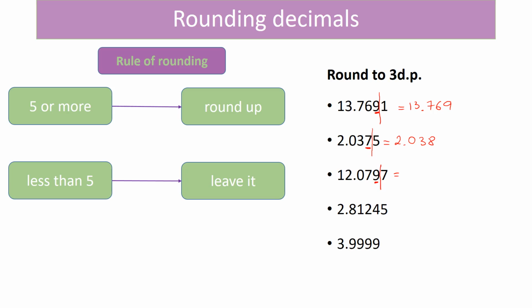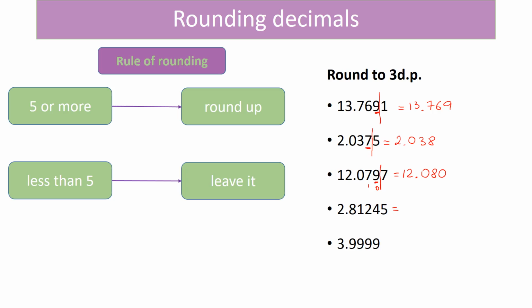When we have 5 or more, we round up, which means that 7 is more than 5, so we need to round 9 up. Again, that will give you 10, which means that we have to put 0 here and then carry the 1. So that's going to be 12.080. Again, you need that 0 at the end because your answer needs to have 3 decimal places.